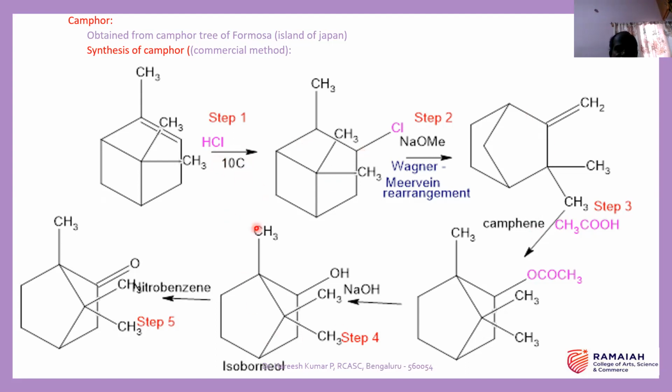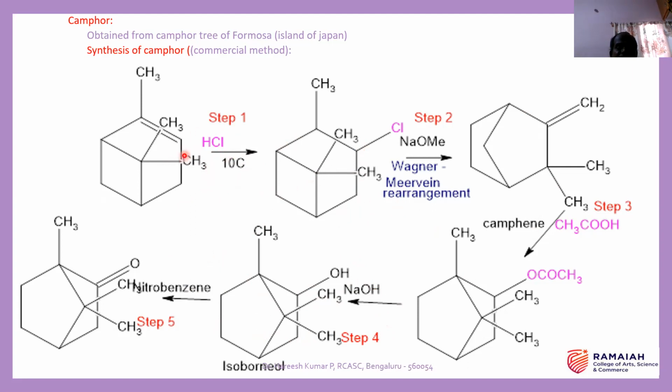Whatever I have given here, 5 steps, these 5 steps involve many intermediates. Maybe I will discuss the mechanism part after this slide, but now you just look into the changes. So what is happening here?